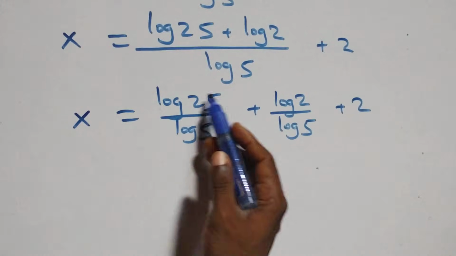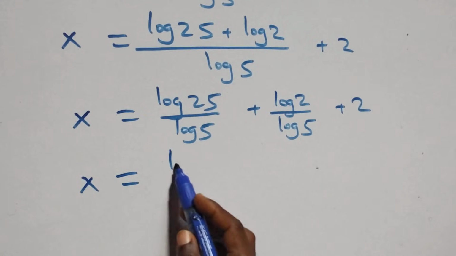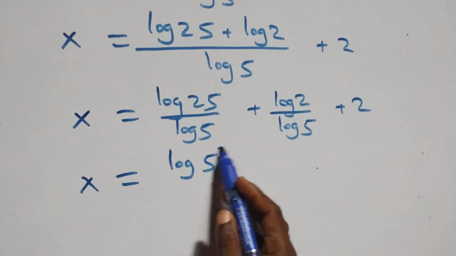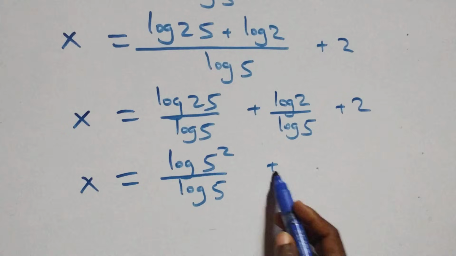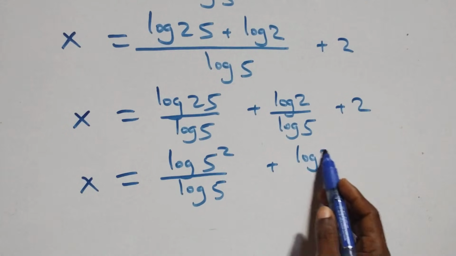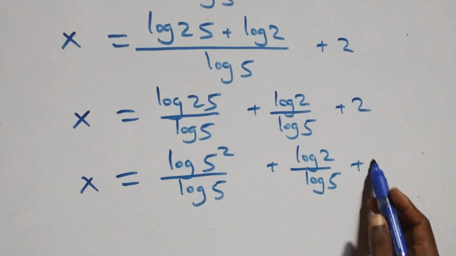And also here, we can write 25 as 5 times 5, that's 5 squared. And we have x equals log 5 squared over log 5 plus log 2 over log 5 plus 2.